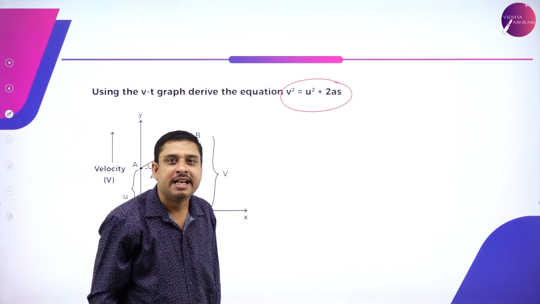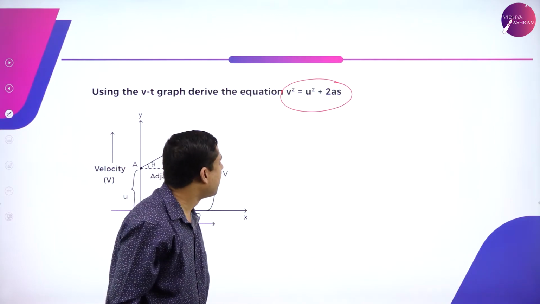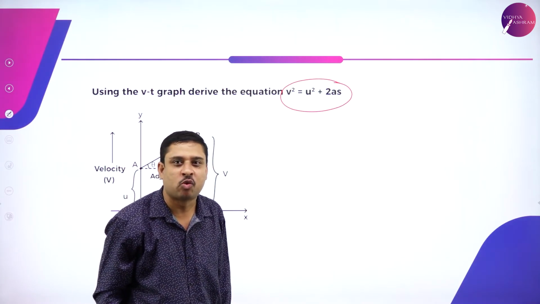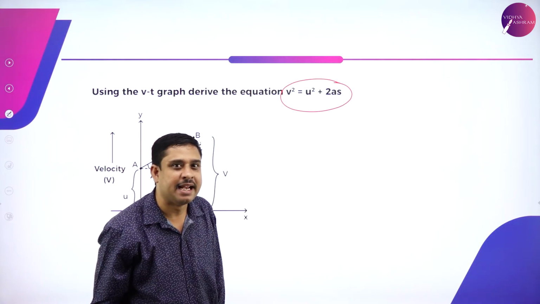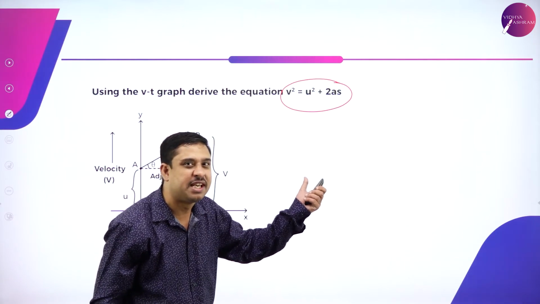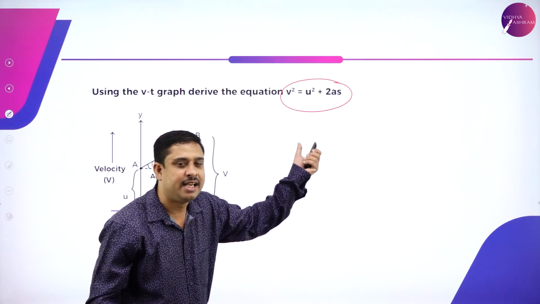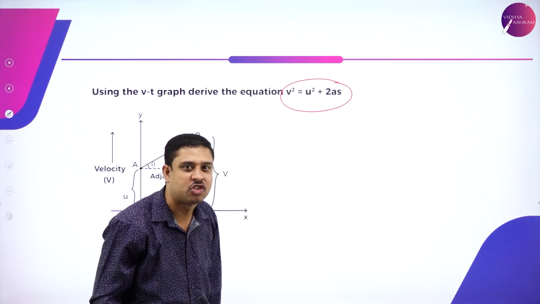The third equation of motion, V square equals U square plus 2AS. So significant is this derivation.